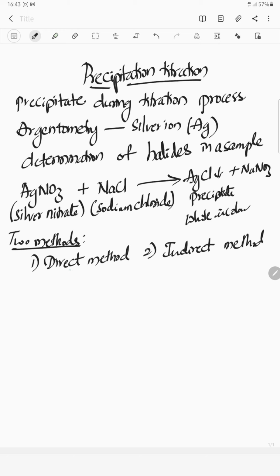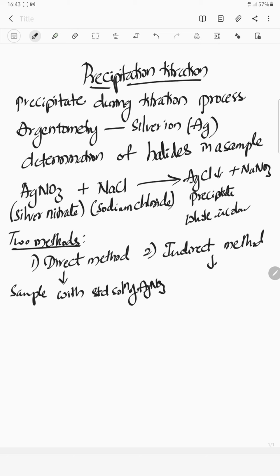Coming to the direct method, the sample is analyzed with a standard solution of silver nitrate, and the readings are noted to calculate the amount of halide present in the sample.